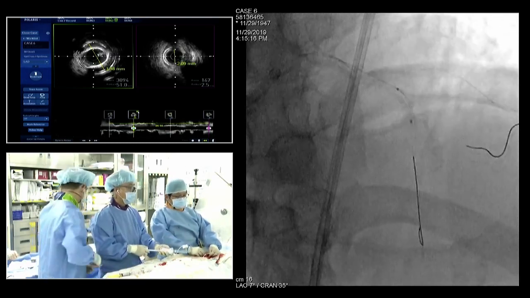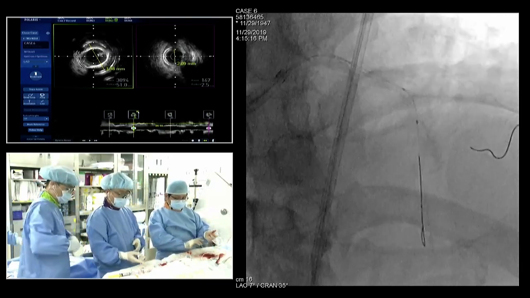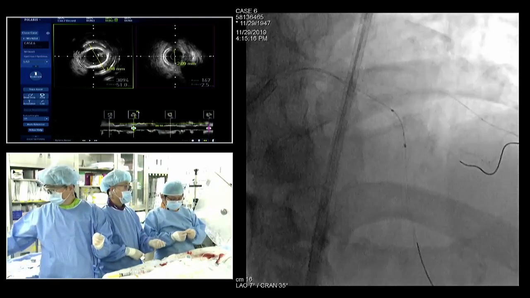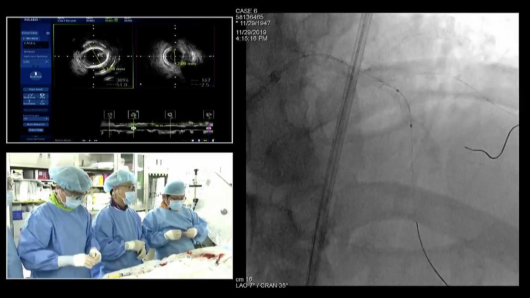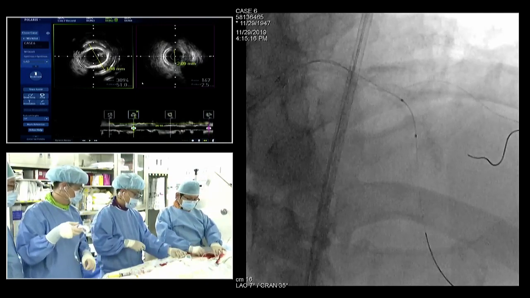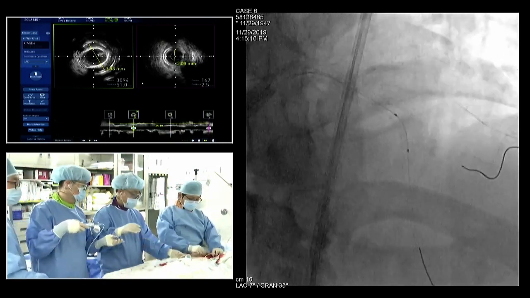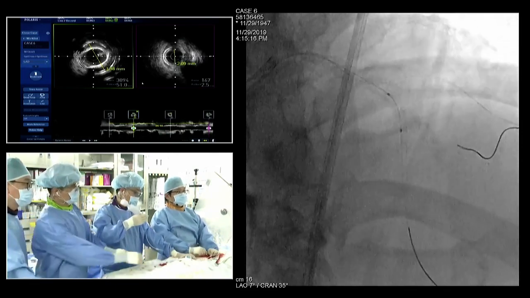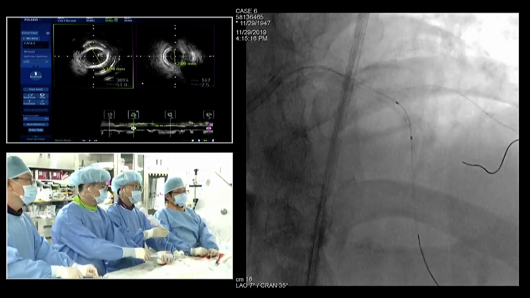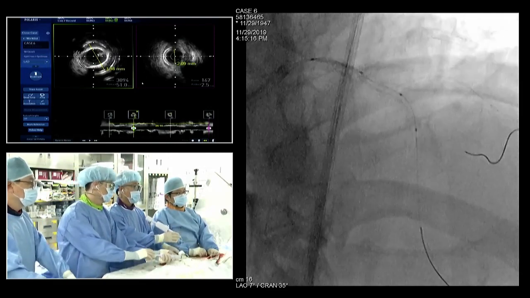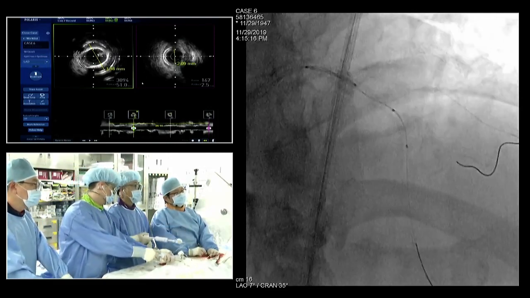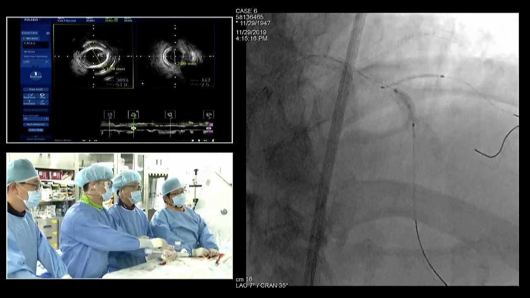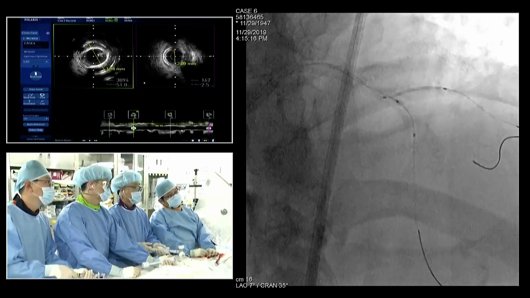Please give me the stent, the one from before. You're going to do the anchoring technique. 2.25. Don't pull this. LED 6. Wonderful. Great. Deflation. It's good, you can already cross the diagonal branch.